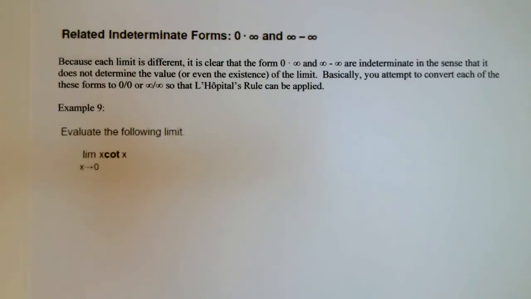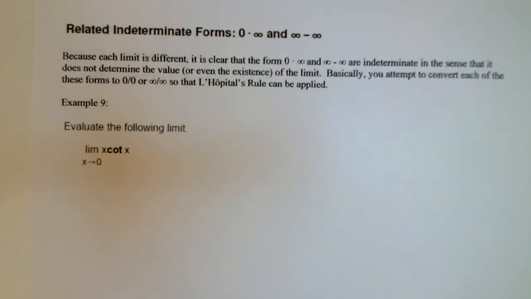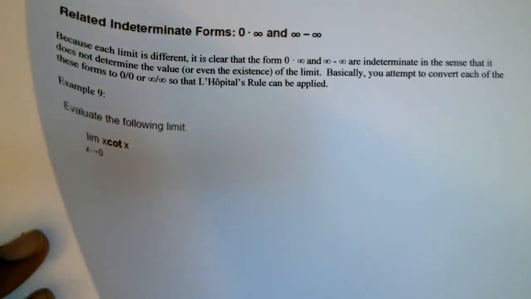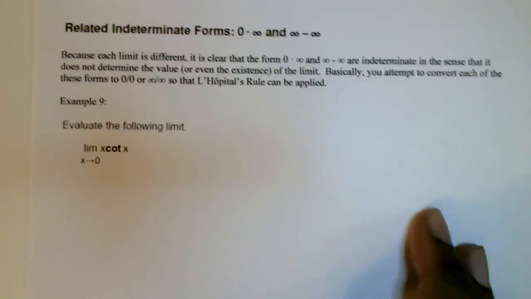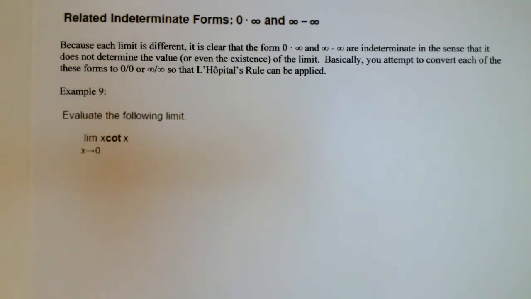All right, let's look at some related indeterminate forms like 0 times infinity and infinity minus infinity. And I believe that would be the last thing I will cover in this video. There are other indeterminate forms that are discussed in this section on L'Hopital's rule, but I'm not going to cover those here.